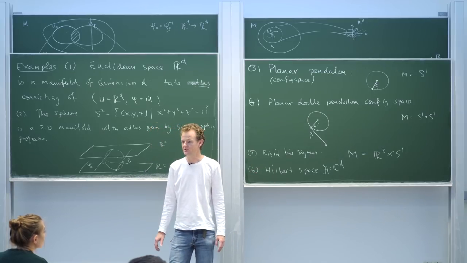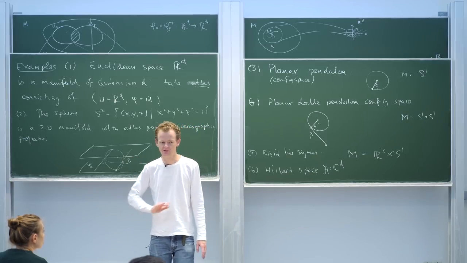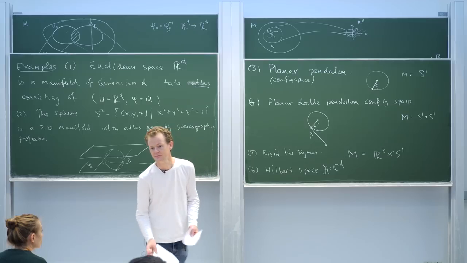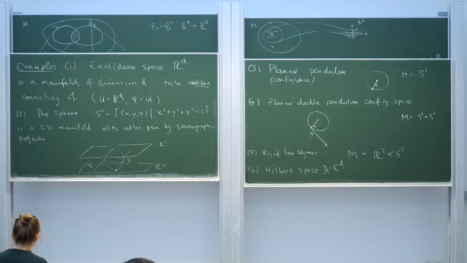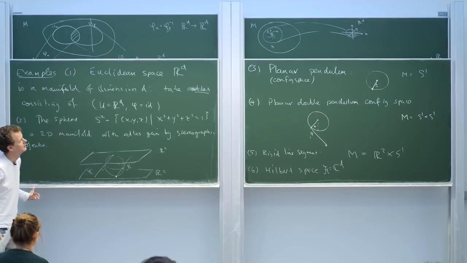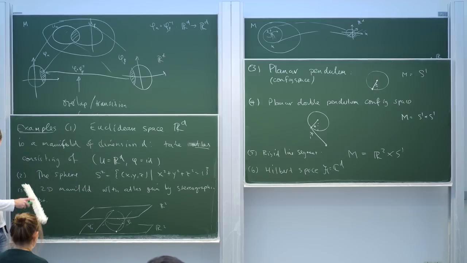Hilbert space of an infinite dimensional system, sure, that is a manifold, but it's an infinite dimensional manifold. And we're certainly going to stay away from those in this course. Although, to be fair, a lot of what we'll deduce will be just simply true for the infinite dimensional case.